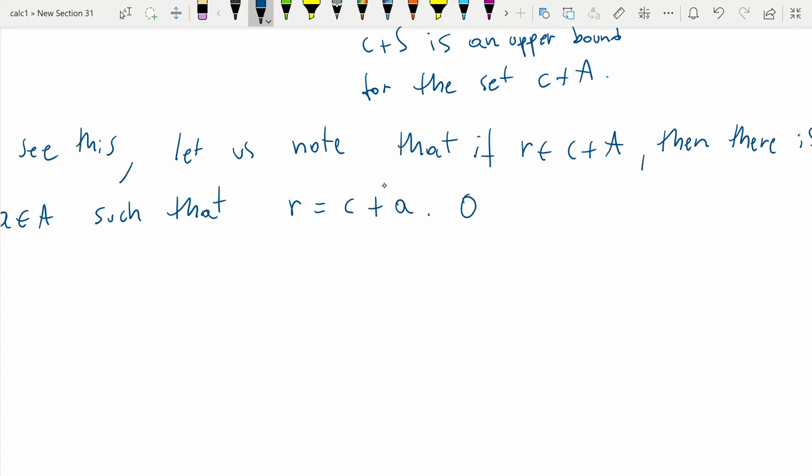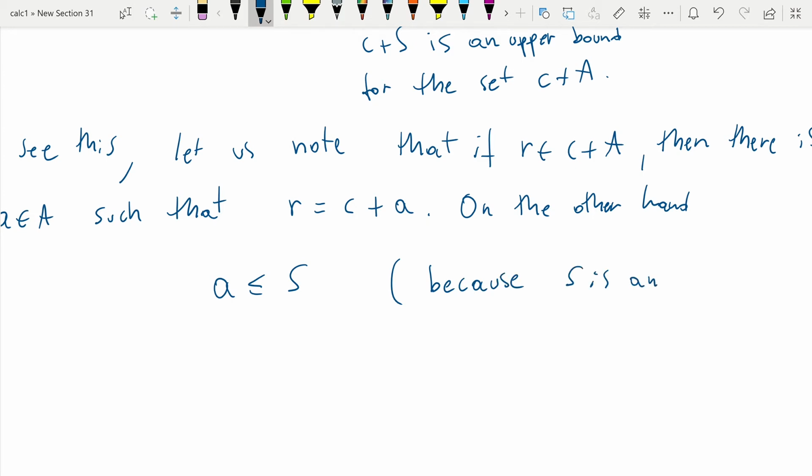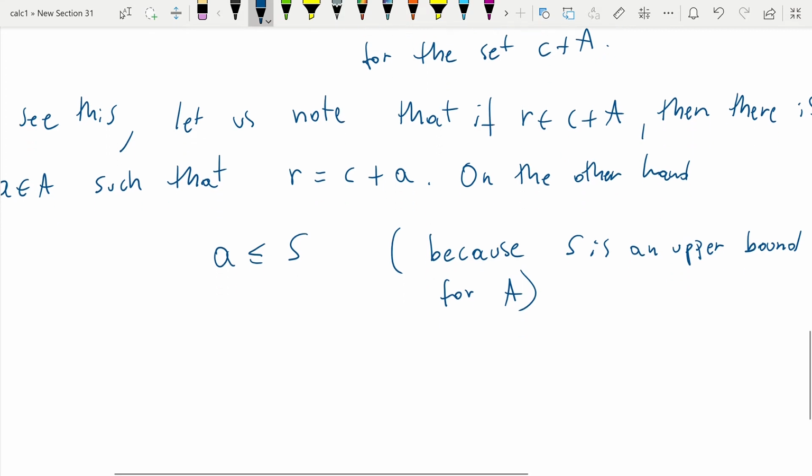So on the other hand, we know that a is less than or equal to S. Why? Because S is an upper bound. Remember that the least upper bound is the supremum. It's an upper bound for the set A. And since a belongs to A, then S must bound that number.